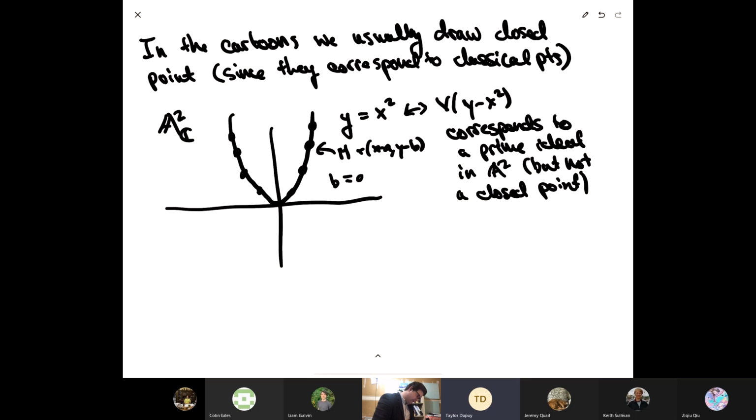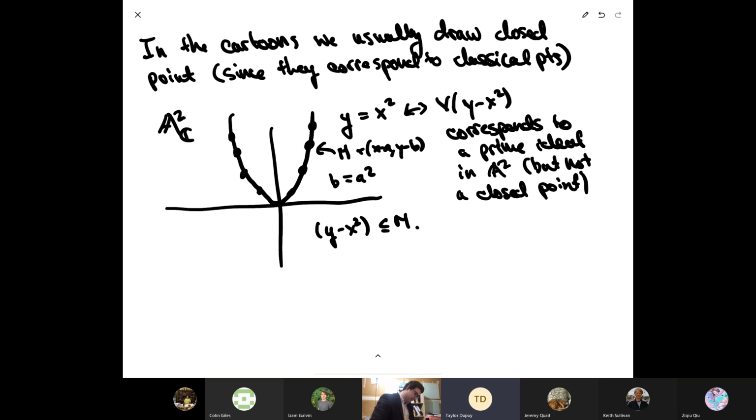And M contains this prime ideal, sorry, the other way around: y minus x squared is contained in M.